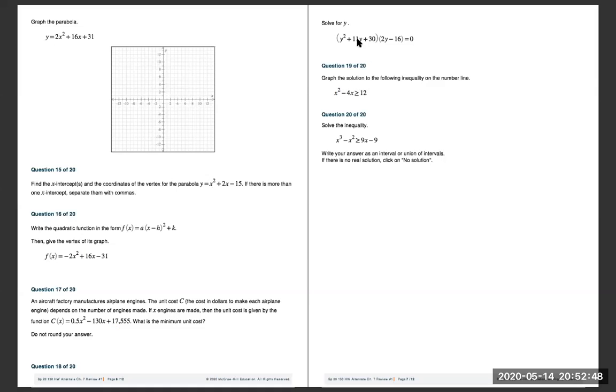For number 18, we're trying to solve a polynomial equation. Essentially, you have a trinomial multiplied by a binomial. So you have a quadratic multiplied by a linear term. Okay. This particular problem, let's go ahead and put it down here.